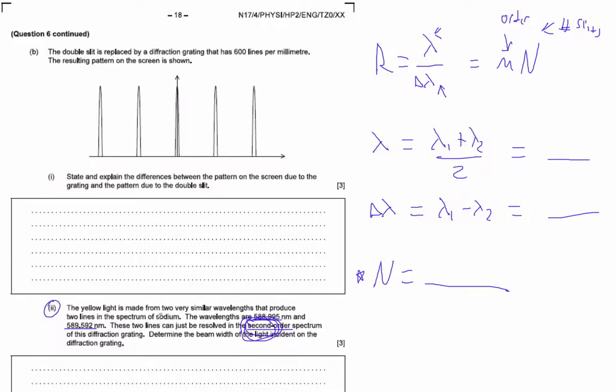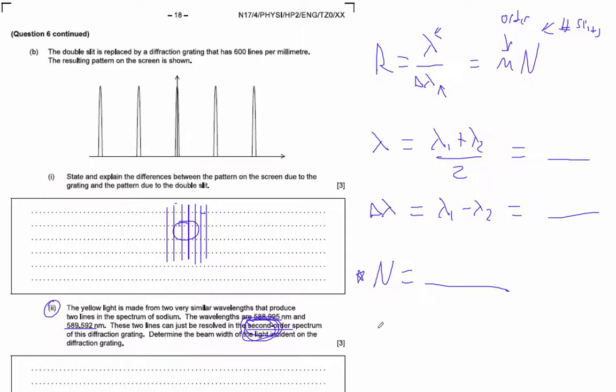Now the question is, they don't say determine the number of slits. They say the width of the beam incident on the diffraction grating. The diffraction grating presumably is extensive, and the beam is only illuminating some of the slits. So how many?